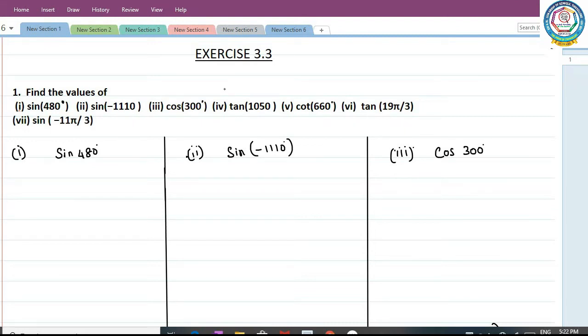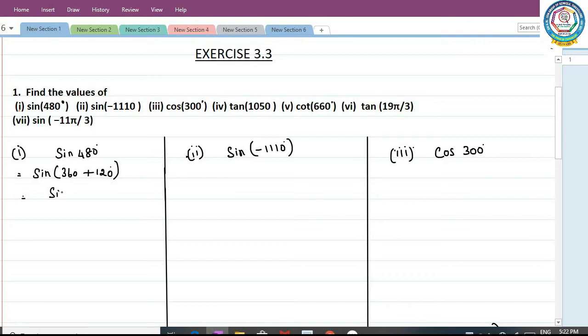Exercise 3.3, first row method. Find the values of the first subdivision, sine of 480 degree. So how do we find sine of 480 degree? Sine of 480 can be written as sine of 360 plus 120 degree. We know sine 360 plus theta equals sine theta, so here theta represents 120.